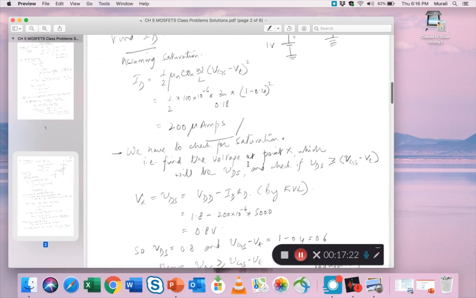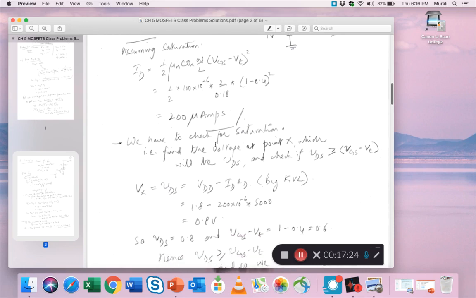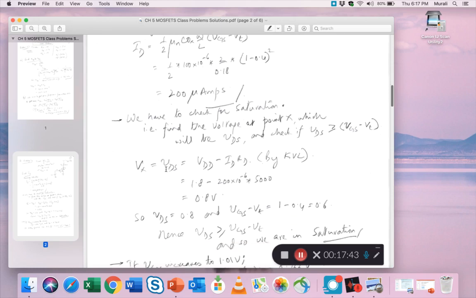So now we have to check for saturation. That is, find the voltage at point X, which will be VDS, and check if VDS is greater than the overdrive voltage, which is VGS minus VT, right? That is the condition. It has to at least be equal and maybe greater than. So how do you find Vx, which is VDS?